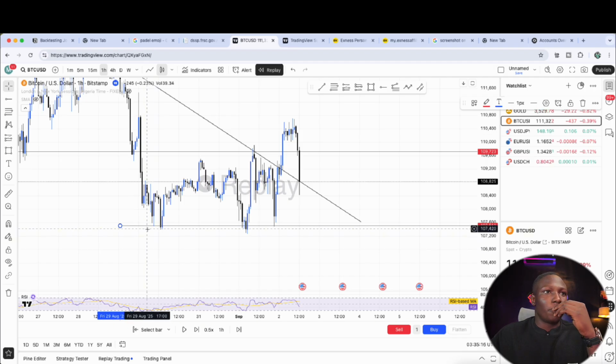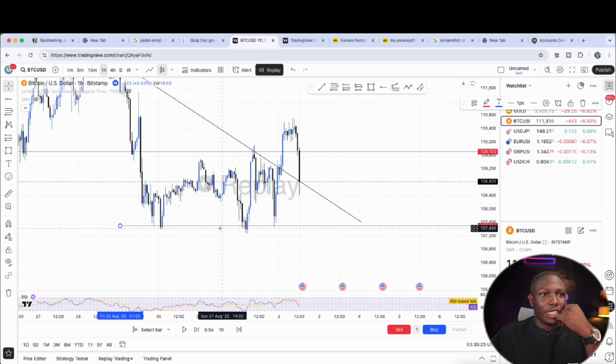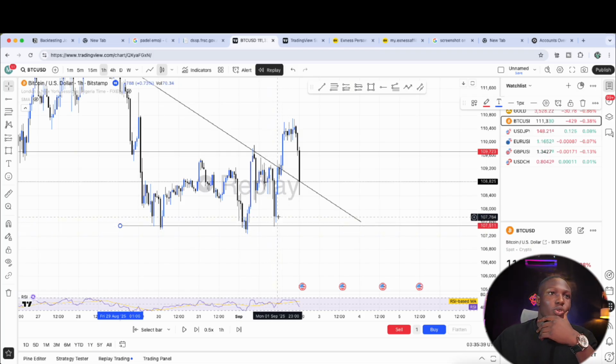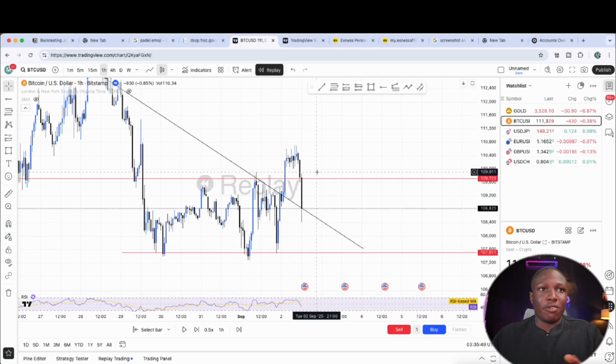It went back up to create a resistance at this point, couldn't break through, came back down, making the second retest on this support zone, went up again, created a resistance, and came back to that same support, which makes that support very strong and valid. Price then broke through this resistance, which signals the bulls are now in control. The buyers are now more than the sellers.